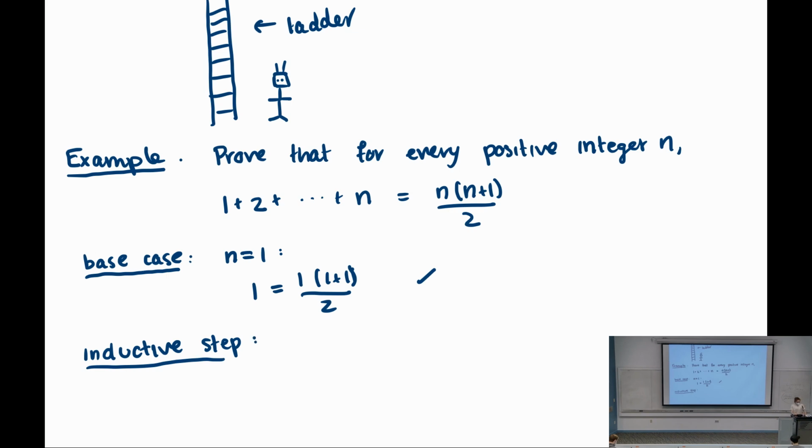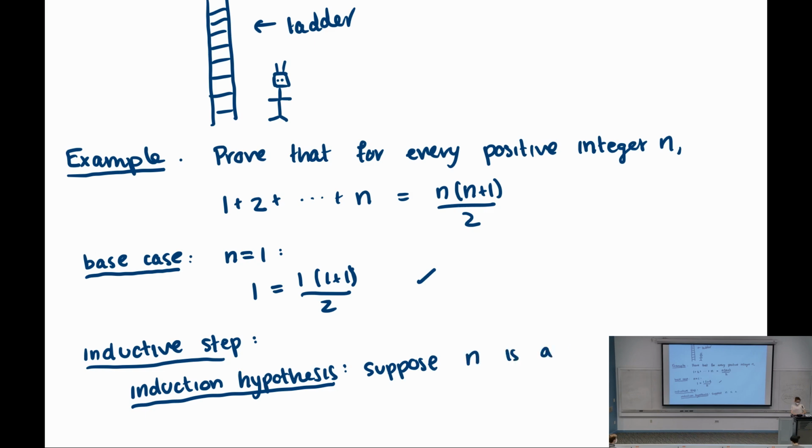Okay, so here's our induction hypothesis. Let's suppose that n is a number and n is greater than or equal to 1. And we already know that this sum is equal to n times n plus 1 over 2.